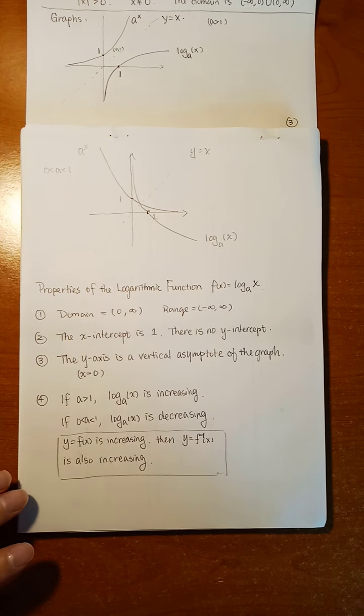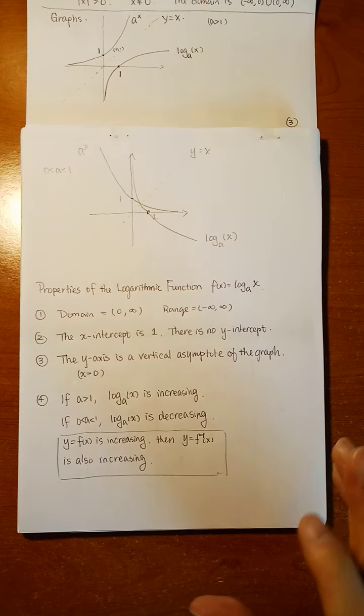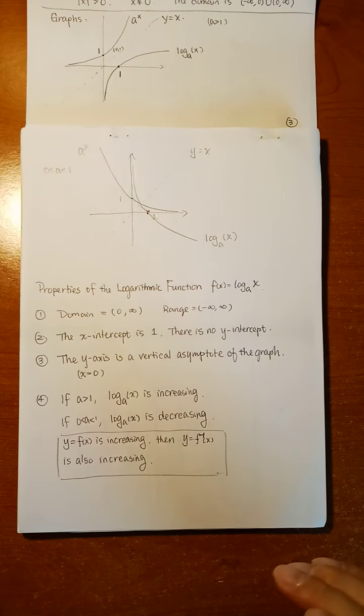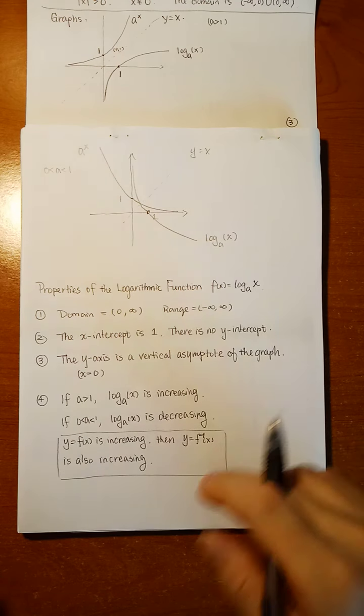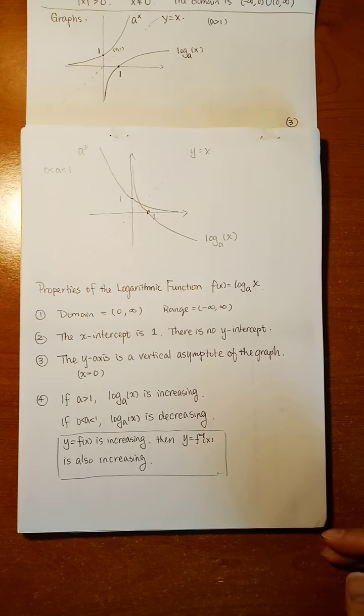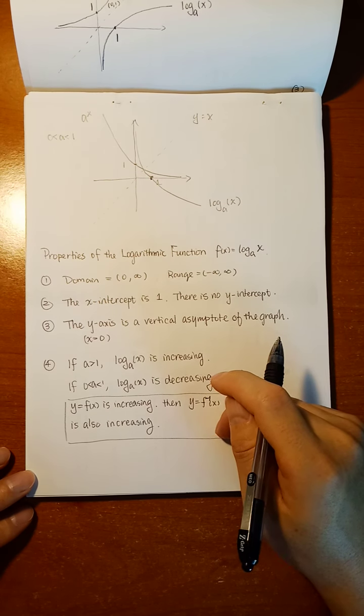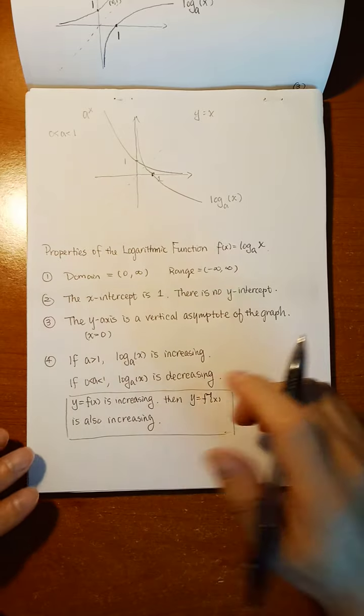The increasing property is preserved between the inverse pairs. One is increasing, the other one is also increasing. And of course, one is decreasing, the other one is also decreasing. Okay, so this is one general property. It's not just for the exponential function and the logarithmic function.